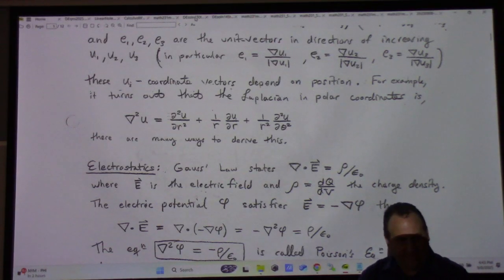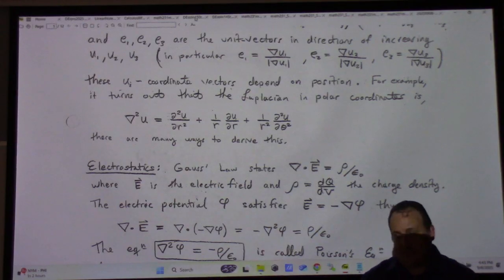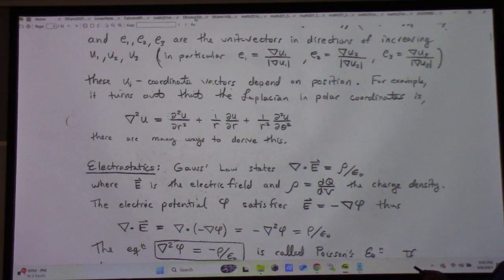This should properly be partial squared u over partial s squared plus 1 over s partial u over partial s plus 1 over s squared partial squared u over partial phi squared in Griffiths. But the techniques remain the same, right?